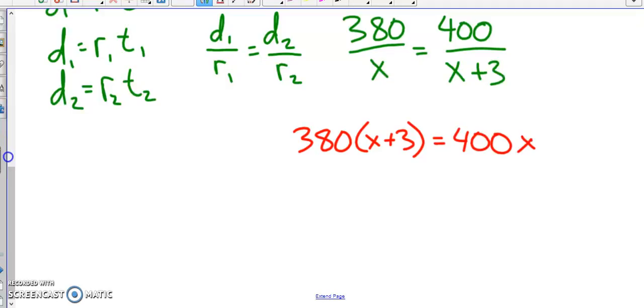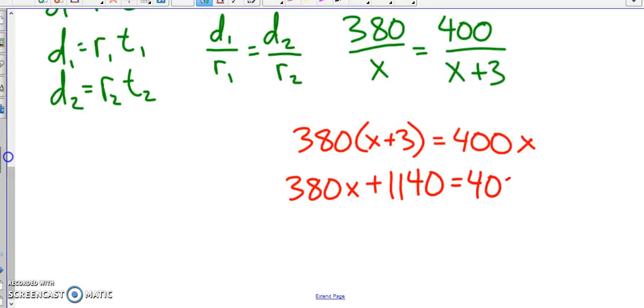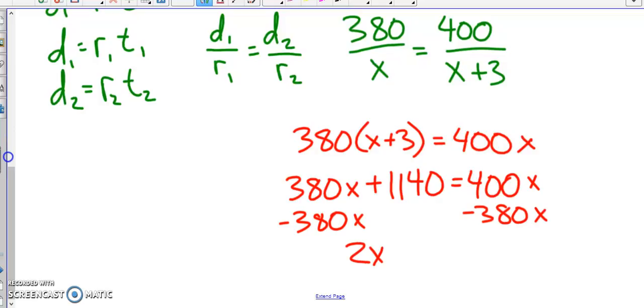If I distribute, this is 380x plus 1140 equals 400x. I can subtract 380x from both sides. So I'd get 20x equals 1140.